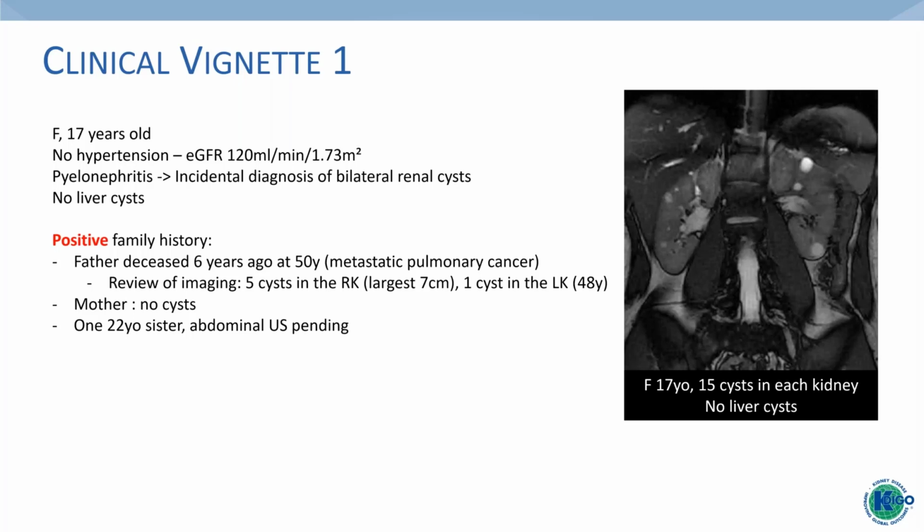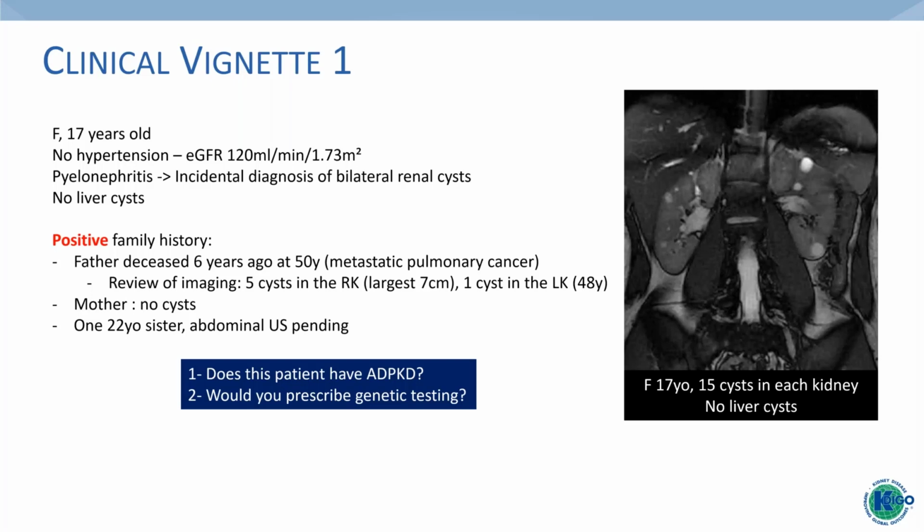Her father passed away 6 years before from metastatic pulmonary cancer. But in fact, while reviewing the imaging, I saw that he also had kidney cysts, 5 cysts in the right kidney, 1 cyst in the left kidney. And the mother did not have cysts, and she had one 22-year-old sister whose abdominal ultrasound is pending.